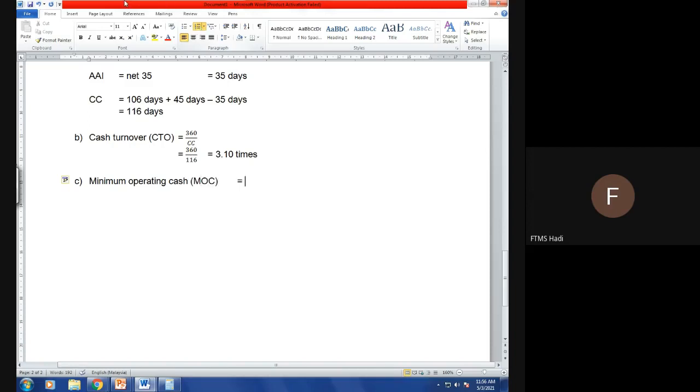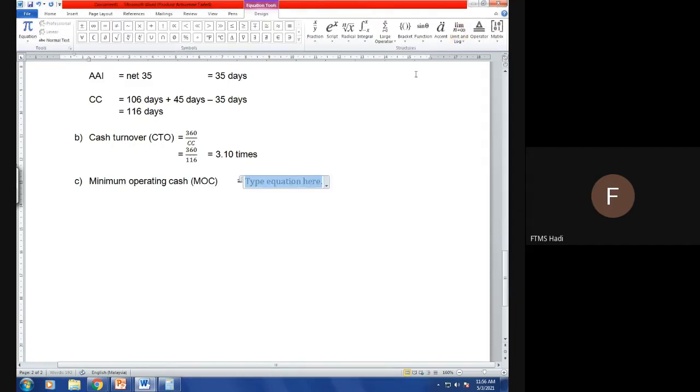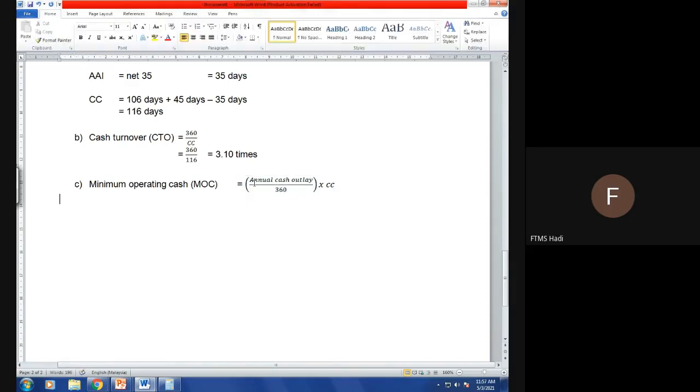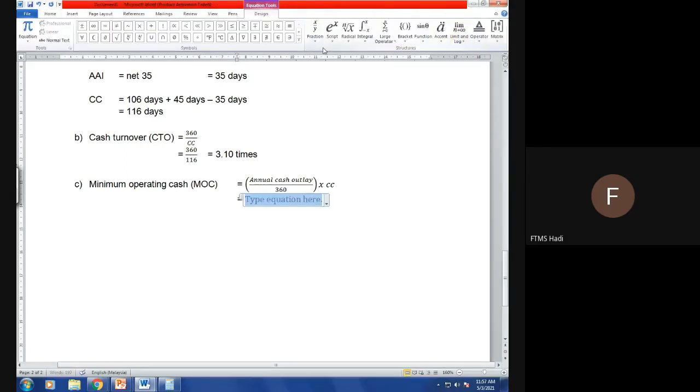The formula will be annual cash outlay divided by 360 multiplied by CC. So, following the equation.